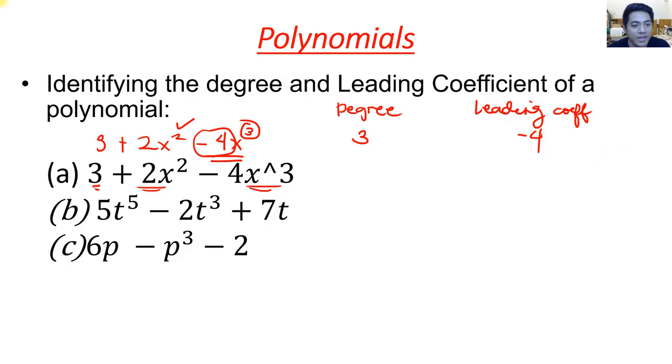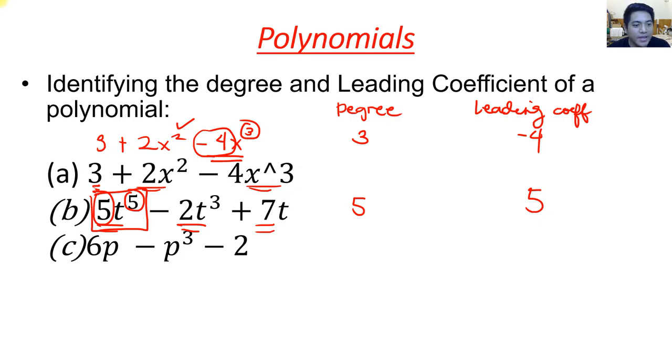For letter B, we have 5t raised to 5 minus 2t cubed plus 7t. The highest appearing power is 5, so this is a fifth degree polynomial. The leading term is 5t raised to 5, and the leading coefficient is 5.